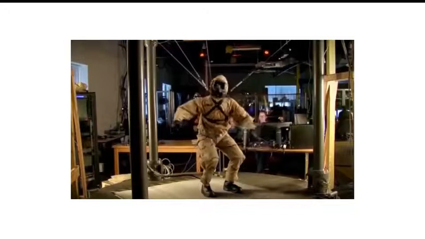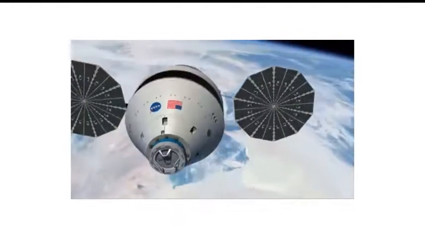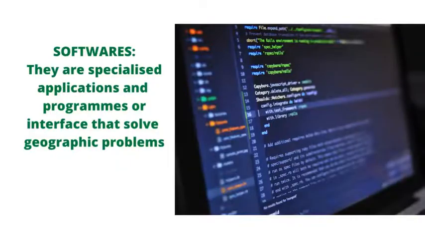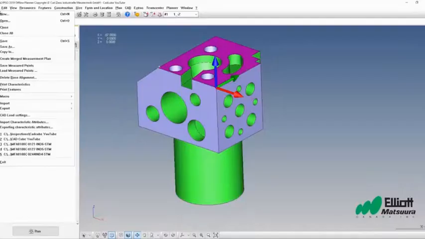Examples of such software that are specially designed for a specific use are: 1. Calypso, which can be used for all purposes of geological mining to provide solutions to all mining situations, whether they are explorative or exploitative in nature.